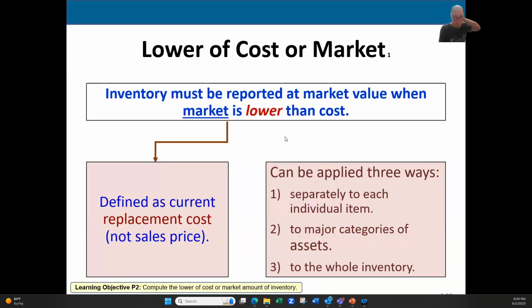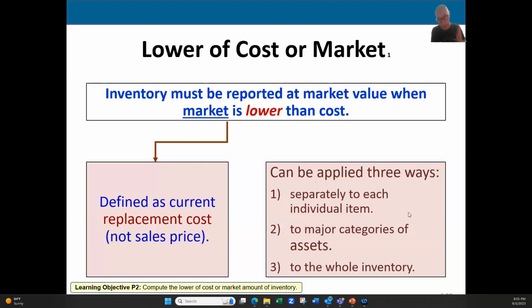One of the other things you should know about is called the lower of cost or market. Lower of cost or market tells us that the inventory must be reported at its market value when the market is lower than its cost. The cost refers to the cost of replacement, not necessarily the cost of selling the product. There are three ways that we could apply this.